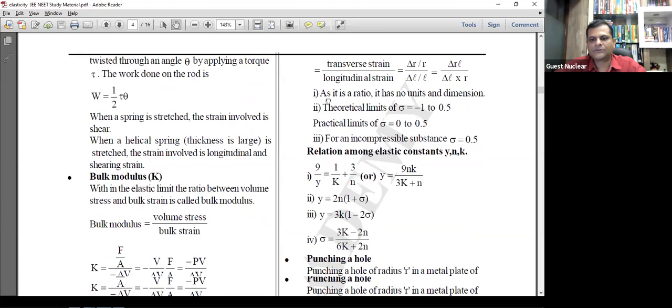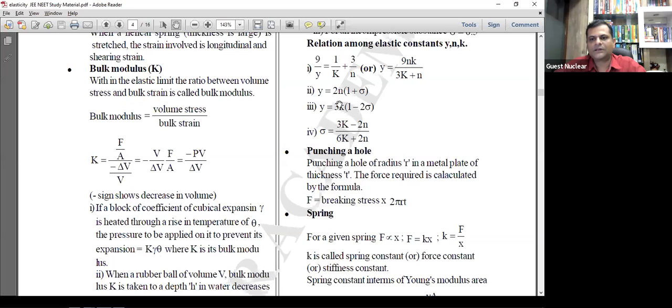Here, this is the equation which we can see clearly. Y equal to 2 into eta into 1 plus sigma. This is the equation we want to use here.